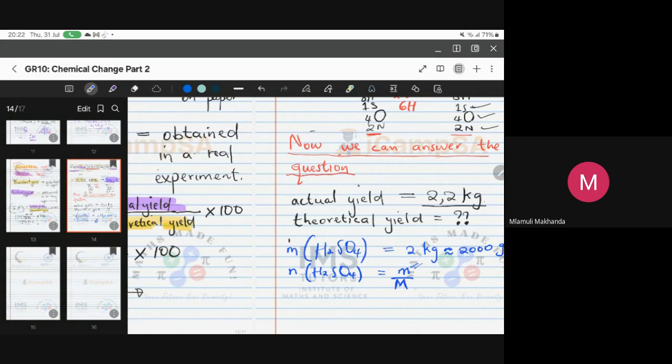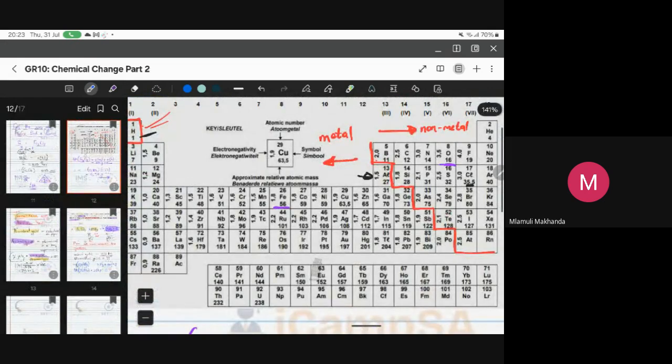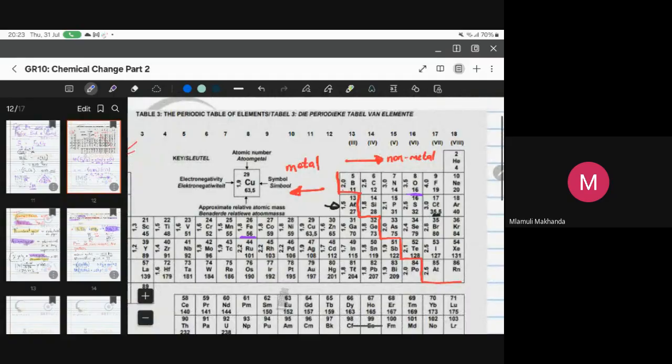We have the mass, but we don't have the molar mass. So let's find the molar mass. You go to your periodic table. 2 times 1, because hydrogen is just 1. What is sulfur? Where's our periodic table? Sulfur is 32.